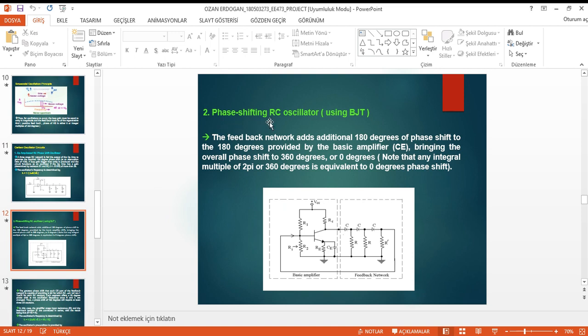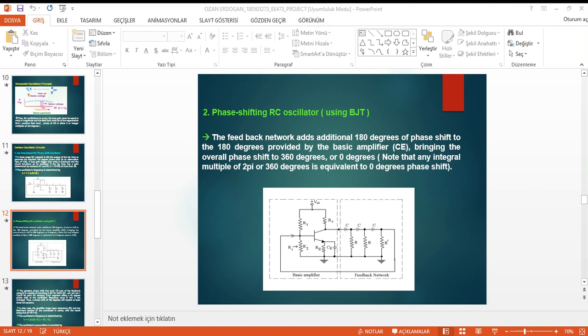Second, phase shift RC oscillators using BJT. In this transistorized oscillator, a transistor is used as the active element of the amplifier stage. The figure below shows the RC oscillator circuit with a transistor as the active element.